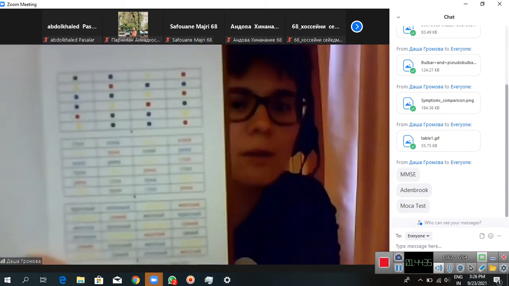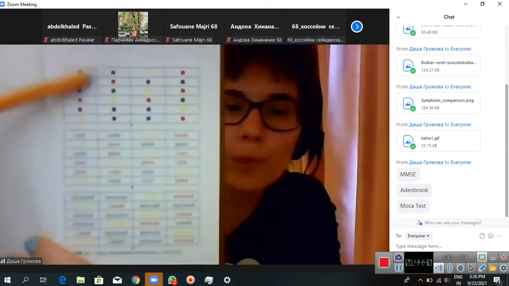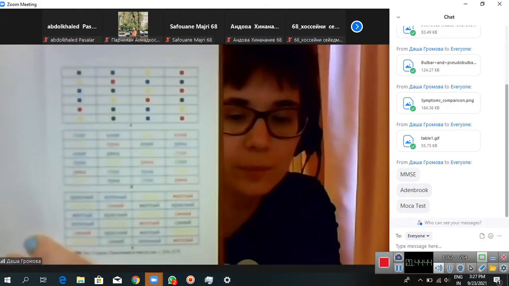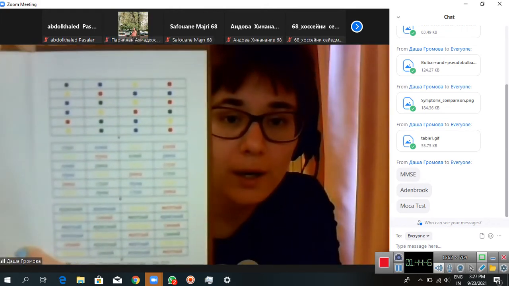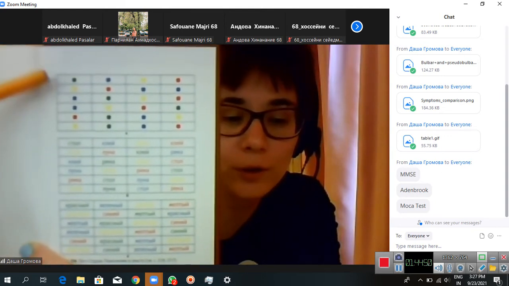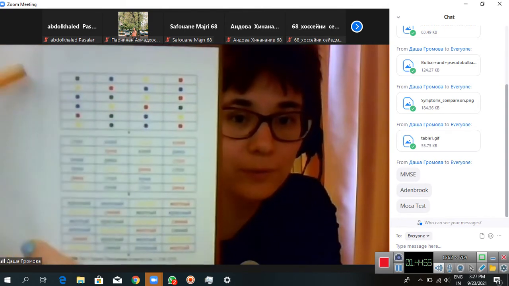Can you see it? Not very well, but here, the first part: dots with different colors. We ask the patient, of course we fix the time, to name the color of the dots from left to right. The patient does it, we fix the time.